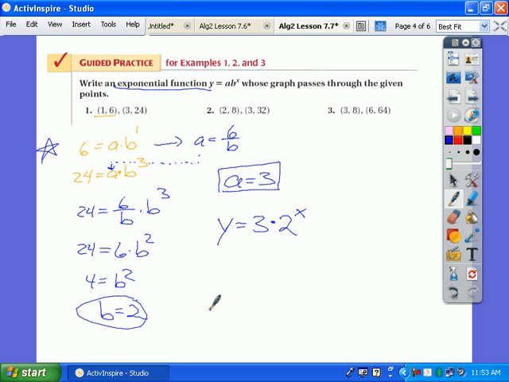So they have to tell us that they want us to use an exponential function, and then it's going to be in the form y equals a times b to the x. We substitute in both points. We solve the easier equation for a, and we plug that into the more complex equation for a, and we solve this. Once I have b, I go back, I find a, and now I have the answer.